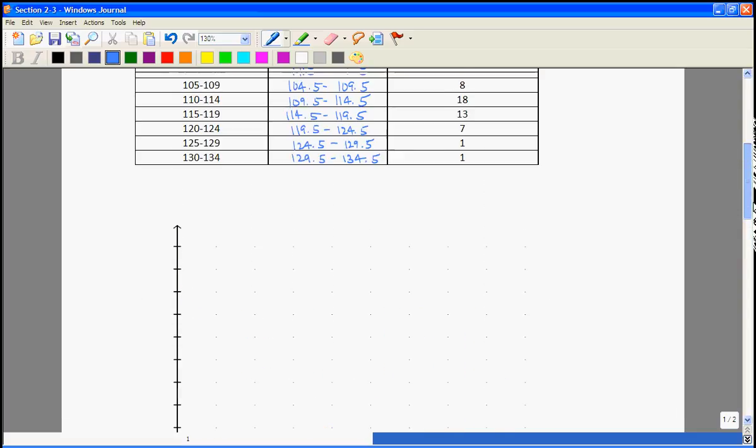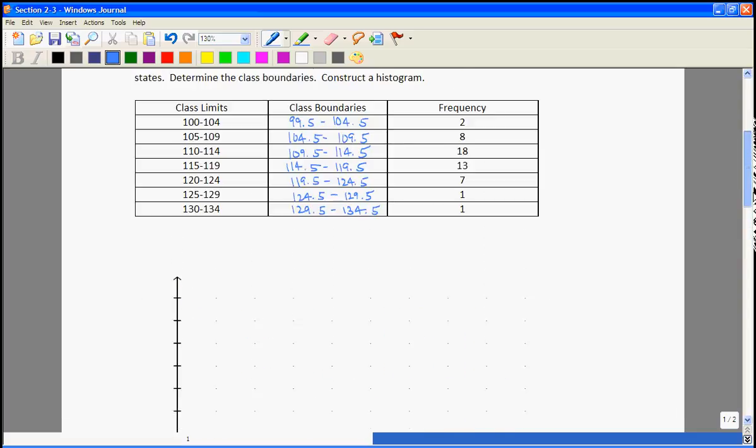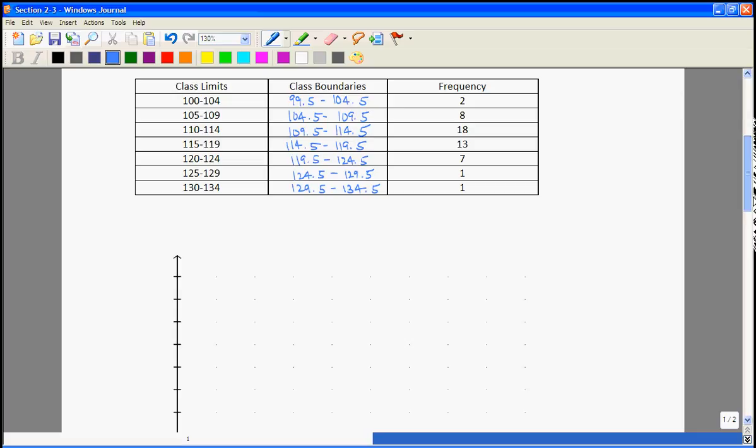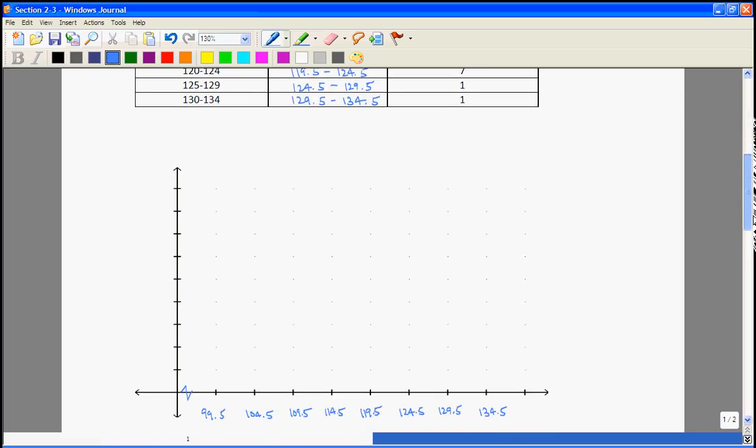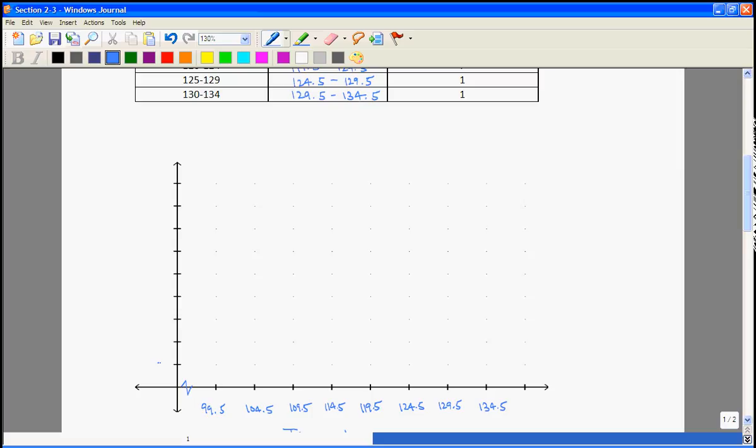Now for our vertical axis, those will be the frequency, and since our highest frequency is 18, we'll go up to about 20. And it looks like we have enough tick marks to go by 2. So 2, 4, 6, 8. And I usually just like to have one more above the highest one.